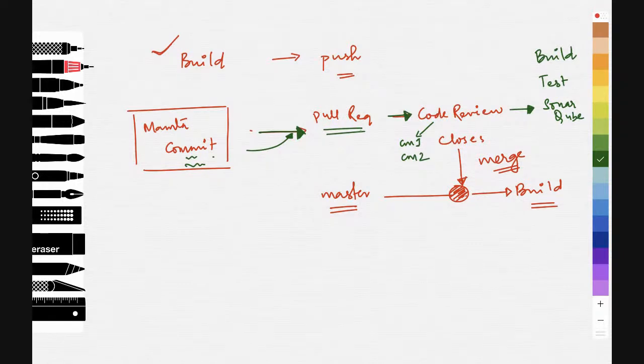I'm just updating my code with all the bug fixes, whatever flaws I have in my code. There can be multiple commits if I have not coded it well, right? And this pull request would be reviewed, and when it closes, that time it goes ahead and merges to my branch.